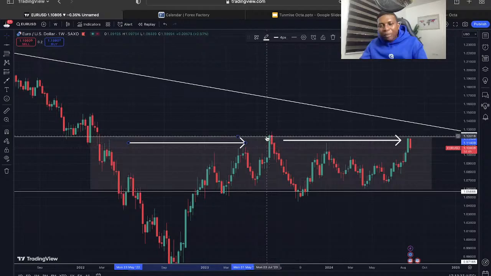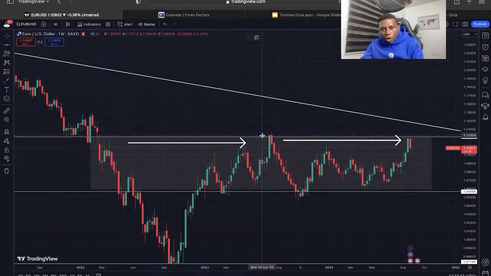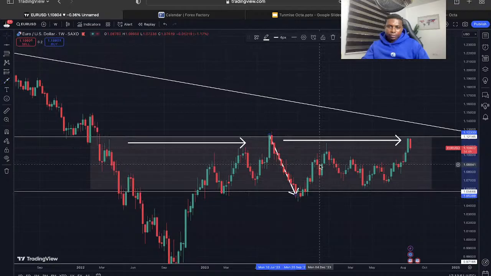Sellers and institutions who have made enough profit started selling, and they sold their way down. Can you see that?